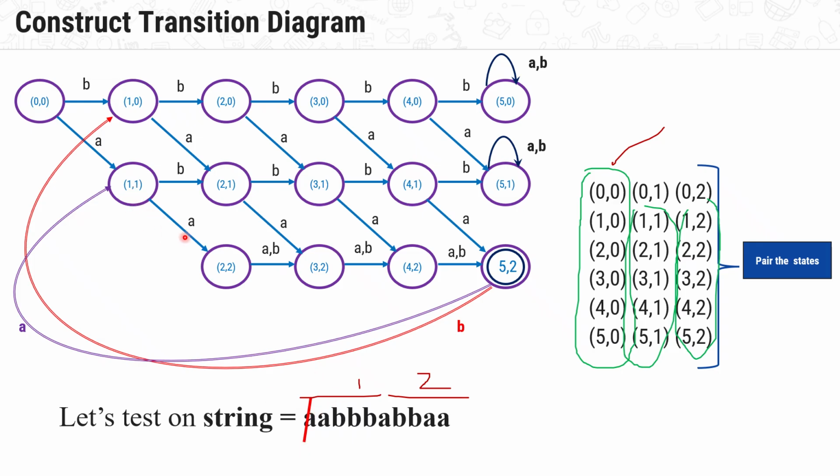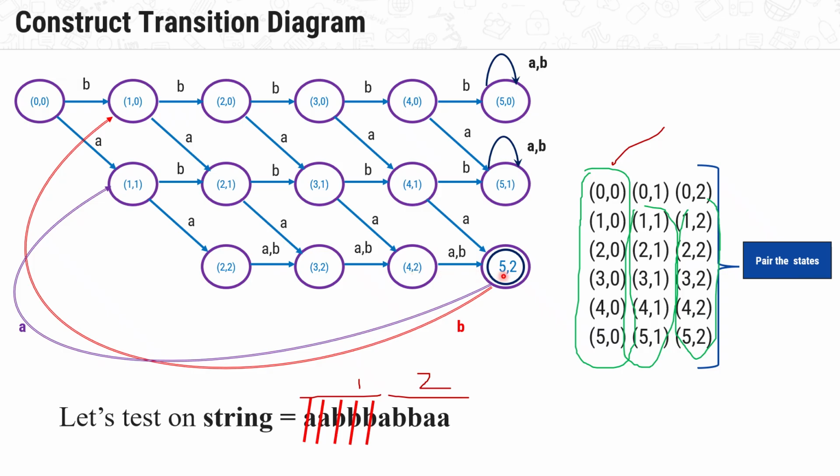A second A comes, it will go to the state 2 2, and the next input is B, which takes it to 3 comma 2. Again the next input is B, so go to 4 comma 2, and the next input is B.